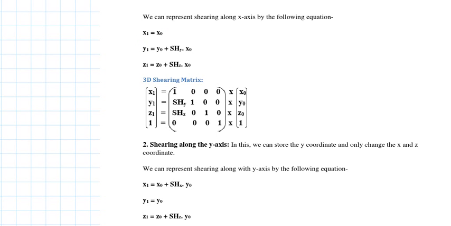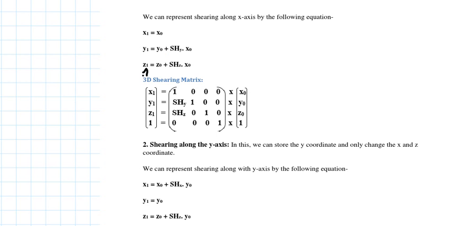There will be change in y coordinate value like this: y1 equals y0 plus SHY multiplied with x0, and z1. That means z coordinate value after shearing transformation along x-axis equals z0 plus SHZ multiplied with x0.